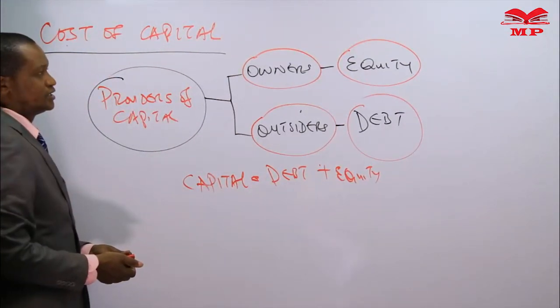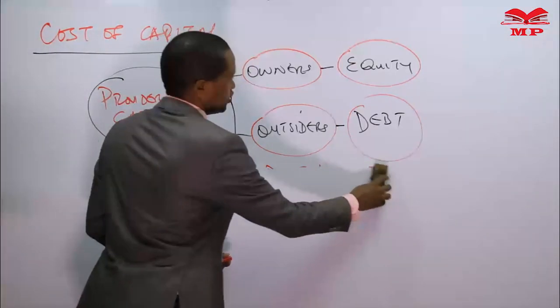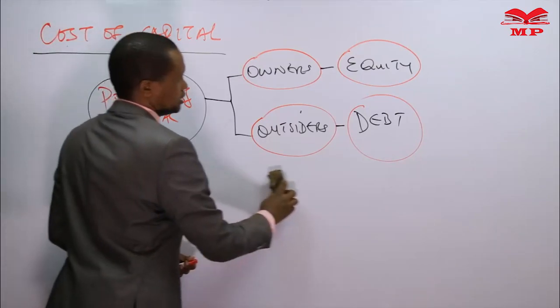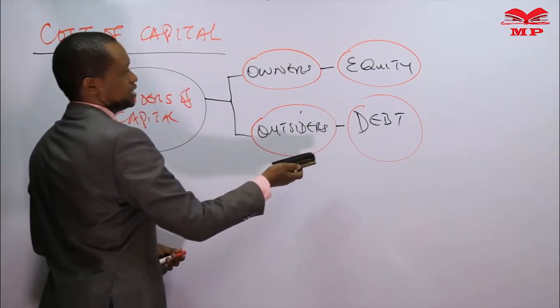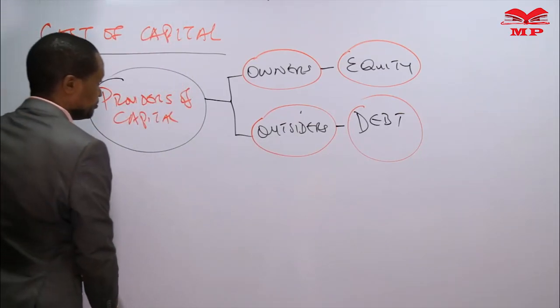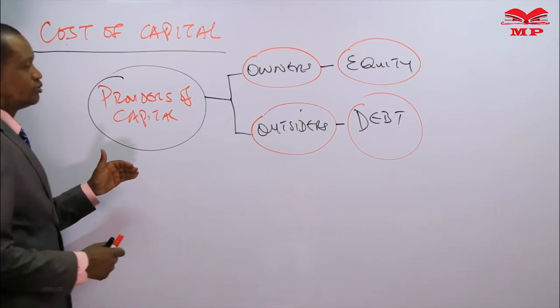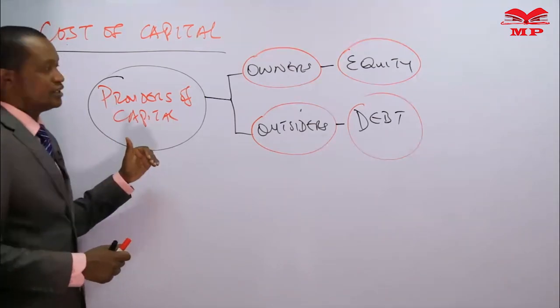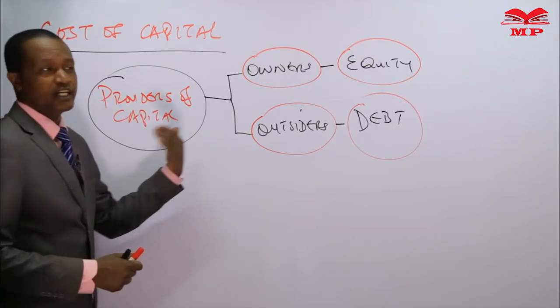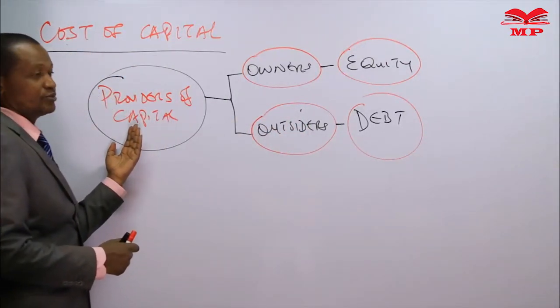So when owners and outsiders of the company provide funds to the firm, then they ought to be compensated. They ought to be paid. They expect a return as a result of the provision of this capital.